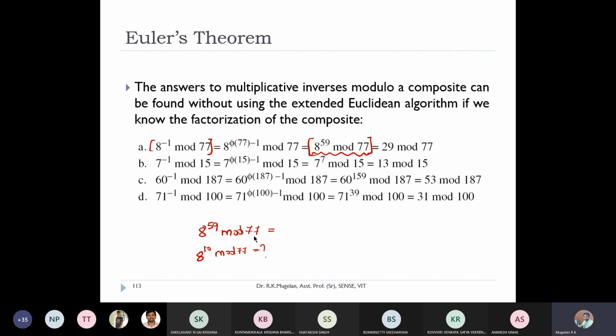If it is possible, post the answer in the chat box. 8 power 10 mod 77. If it is not possible, at least put that it's not possible in the chat box. 8 power 10 mod 77 in your calculator.